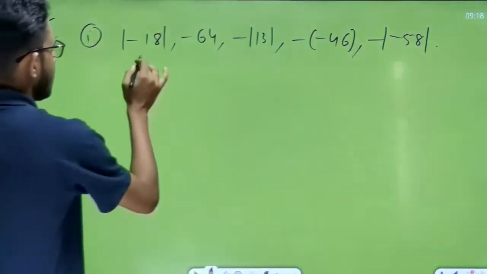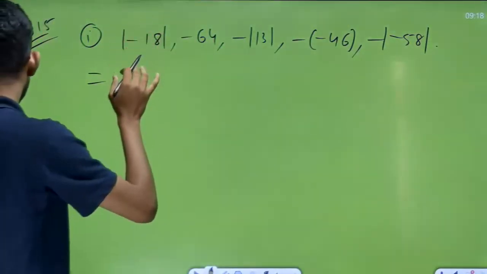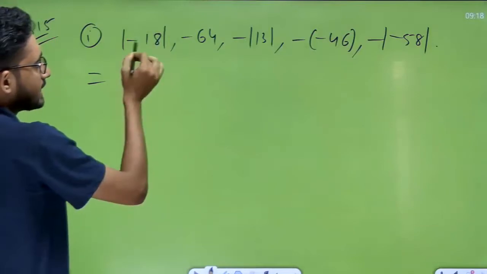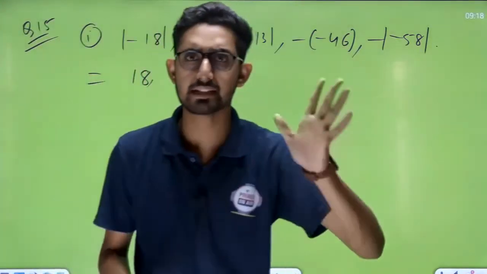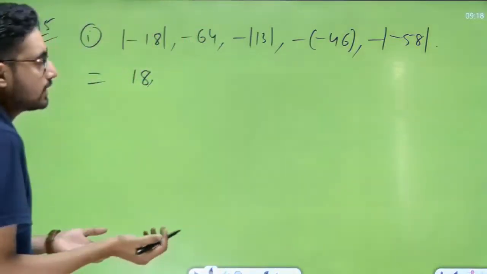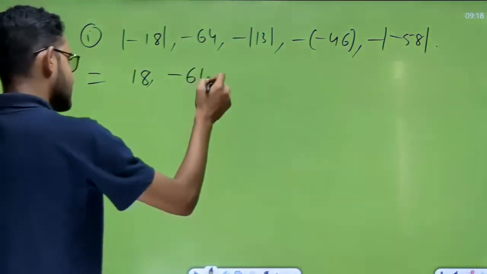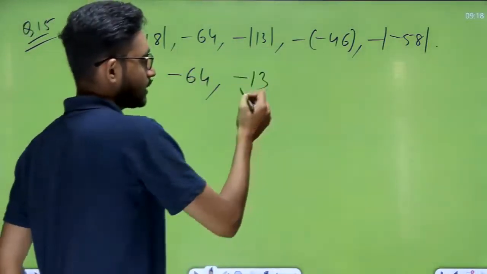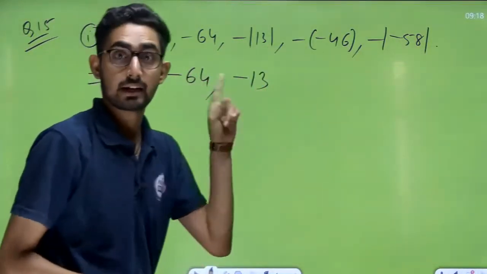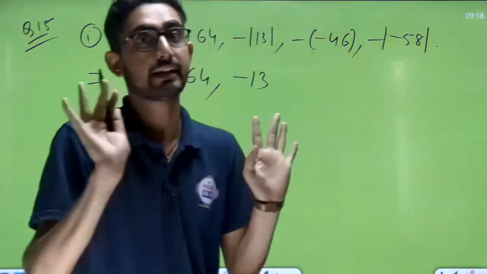Okay, now see. First of all, I have to solve this one. How? Like this. Mod minus 18, 18 only. What is the value of mod minus 18? Plus 18, plus 18 only. Now minus 64 is minus 64 only. This is minus 13 because minus is outside. अगर mod के बाहर minus होगा तो वो तो रहेगा ही रहेगा.